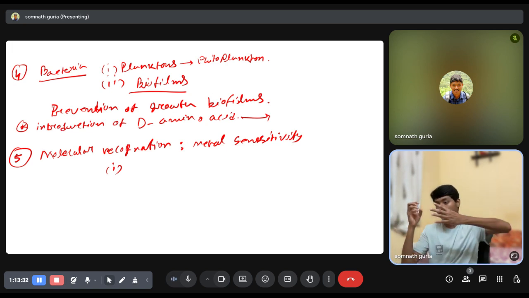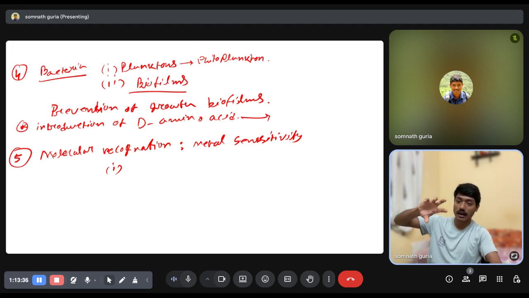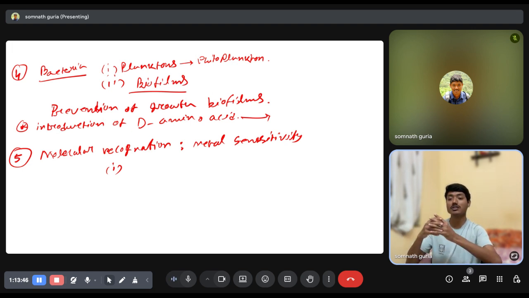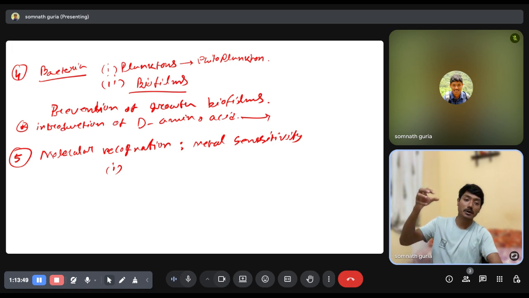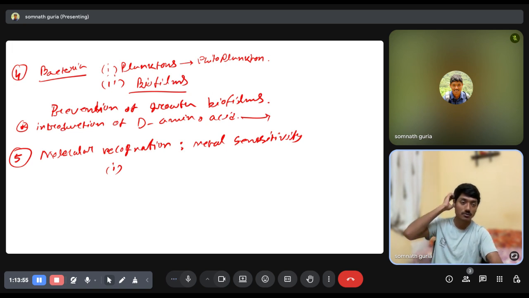But if it binds with the iron, then because of the chiral environment of that iron center, or the ligand environment of that iron center, it can go through the cell membrane. There are some doors over there, which we will come to later on.